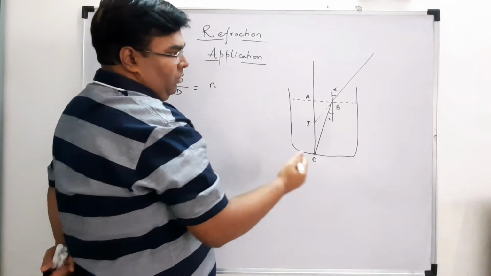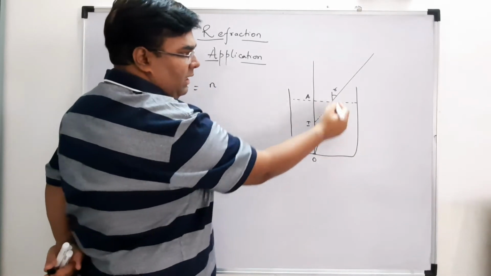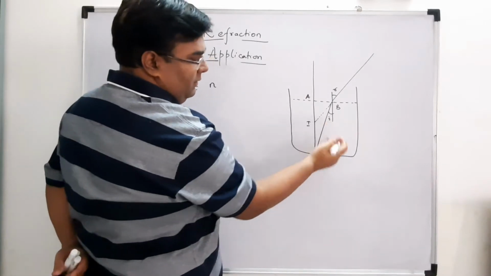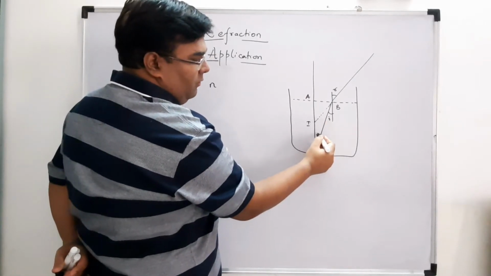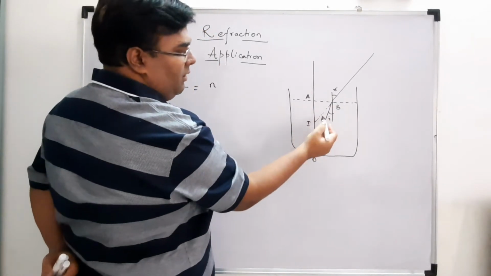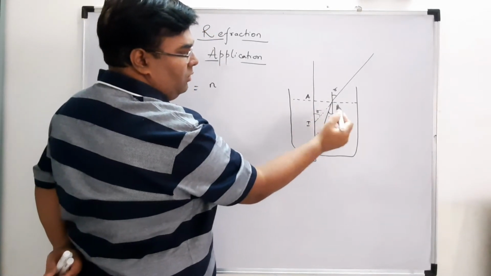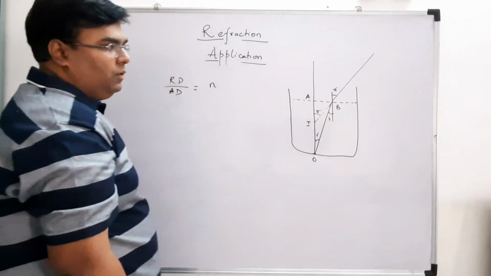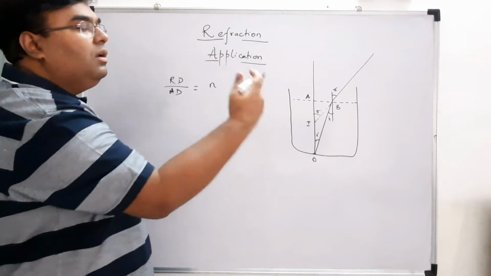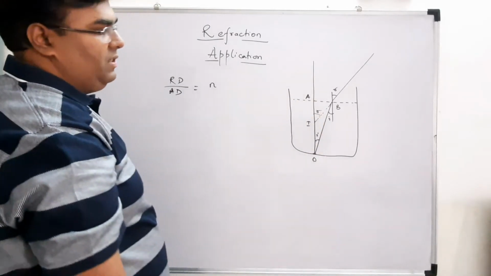This is the angle of incidence. I have drawn the normal here. If this is angle I, this is also angle I, alternate angles. Similarly, if this is angle R, this angle is also R, corresponding angles, because these two lines are parallel to each other. Why? Because they are normal to the surfaces.